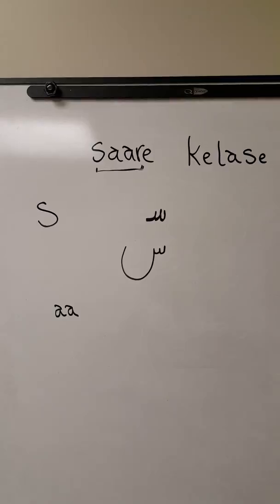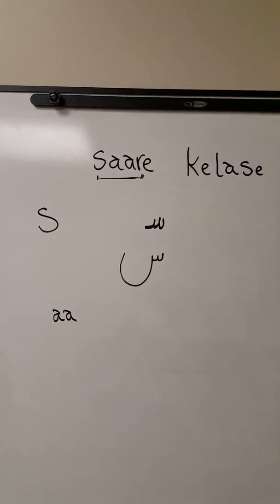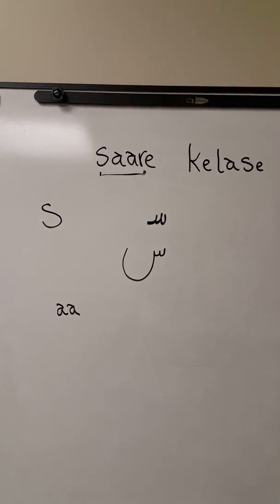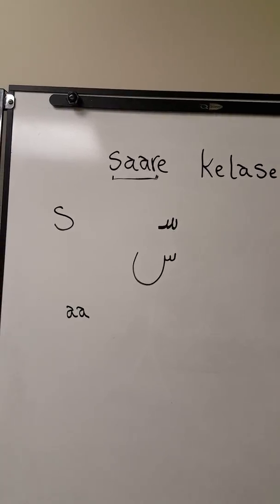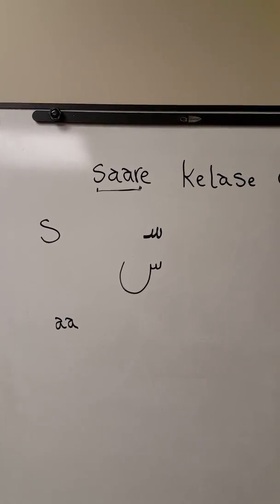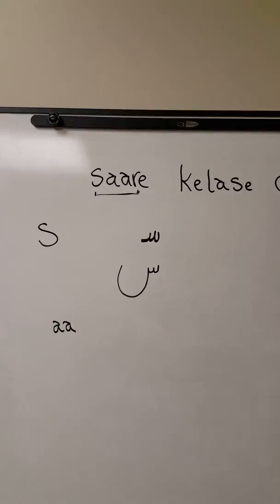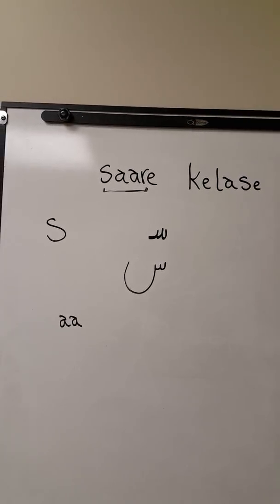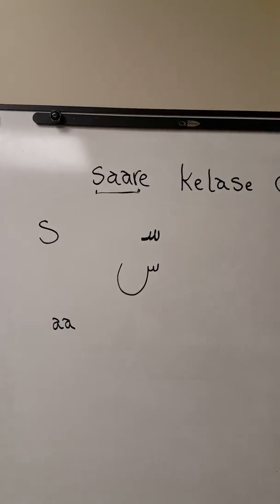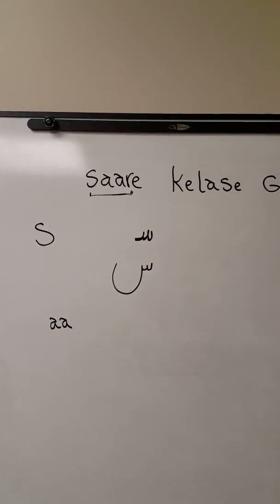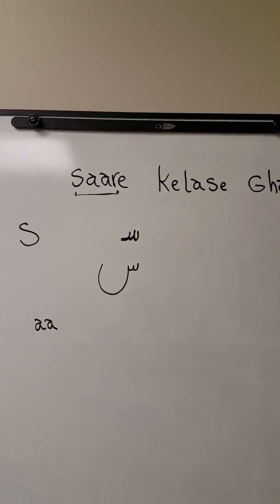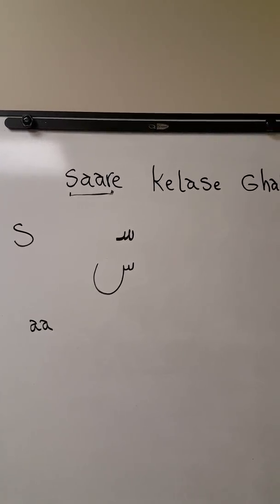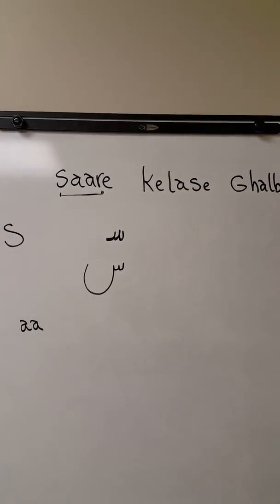But basically, there are 3 sounds in Farsi that are very important and actually are used in every single word, but they decided that they're not going to write them down.